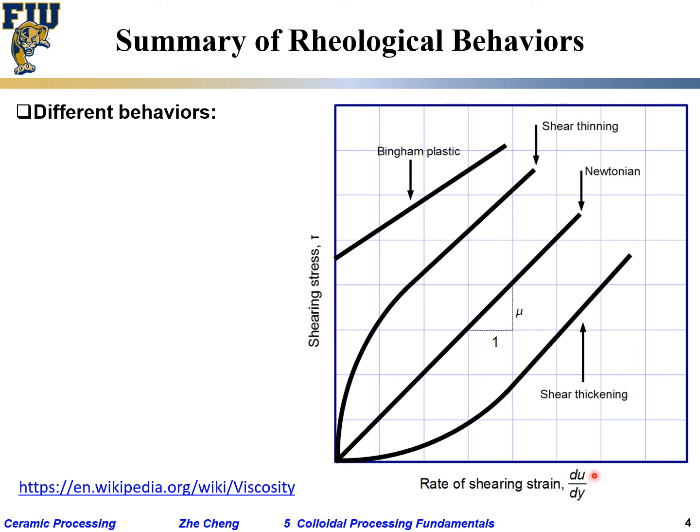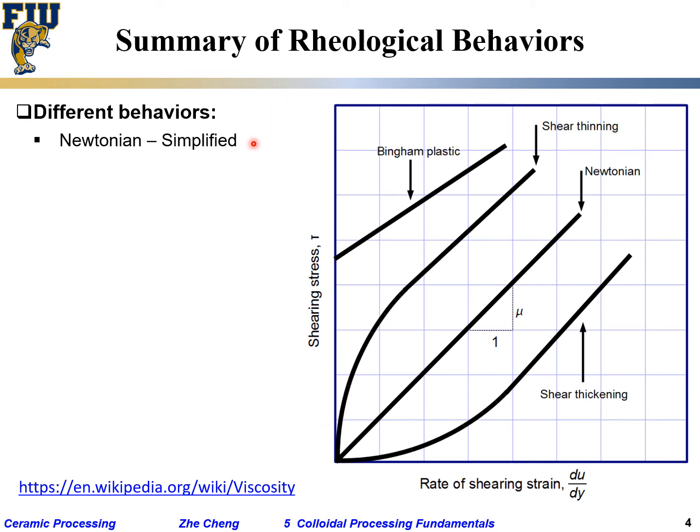In the end, it has a unit of 1/second. And we would have different behavior. The simplest one is what we call Newtonian, simplified. We would have constant viscosity, meaning constant slope, from low stress to high stress, from low shearing strain rate to high shearing strain rate. I have constant slope, Newtonian behavior.